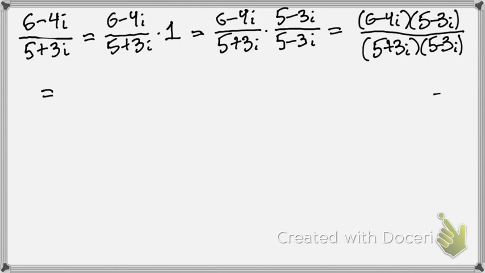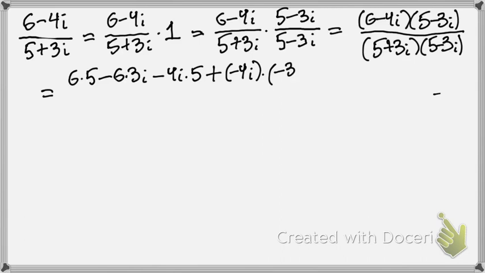So at the top, we need to multiply two complex numbers, so let's just distribute carefully all the terms. So we have 6 times 5, then 6 times negative 3i, so minus 6 times 3i, then minus 4i times 5, and then plus negative 4i times negative 3i.